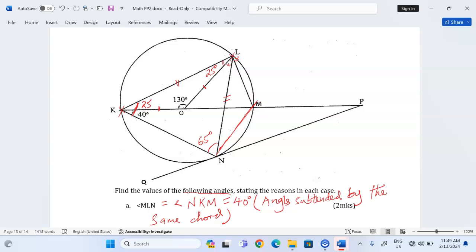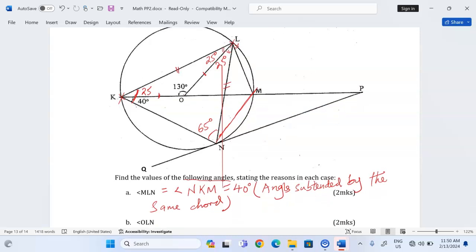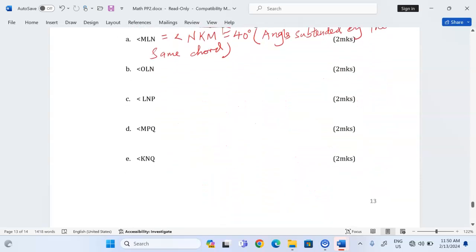From 180, we can subtract 65 and another 65, then a 25. So the other angle there is 25. The angle at this point is 25 degrees. So if that angle is 25 degrees, then that is what we wanted. The value of this angle is 25 degrees.